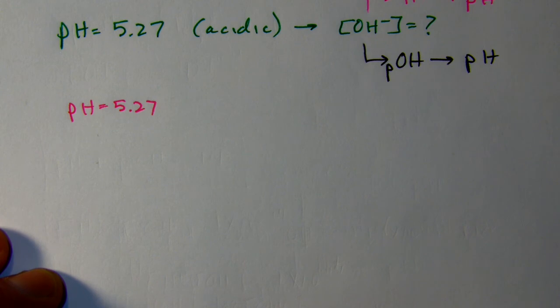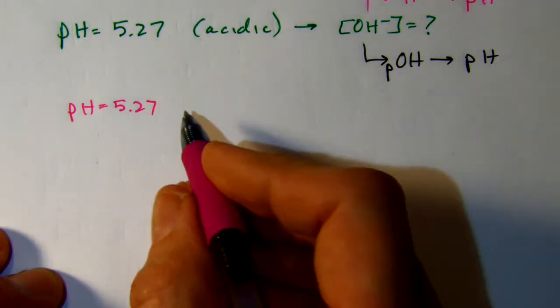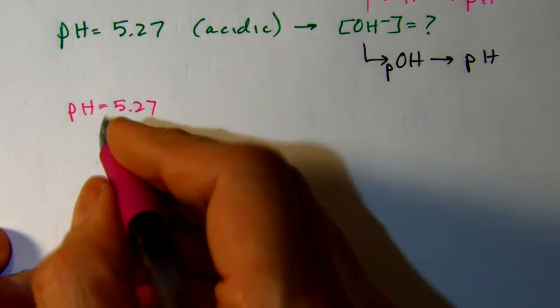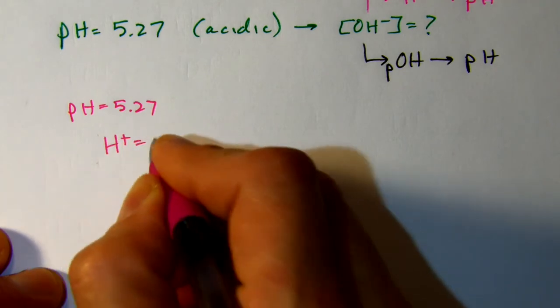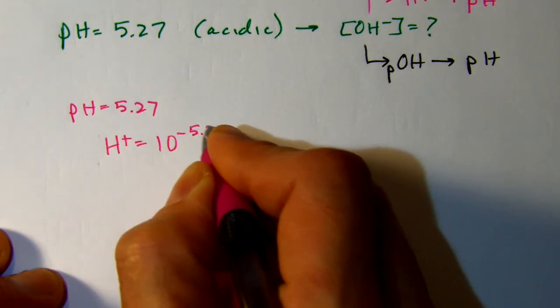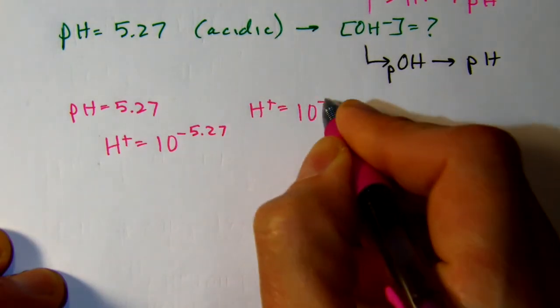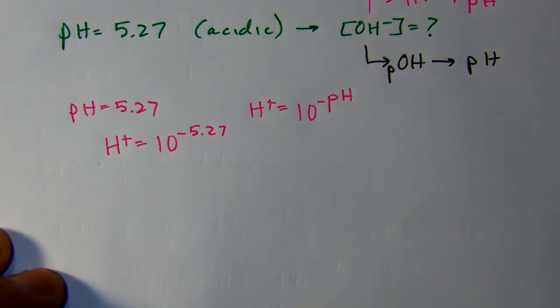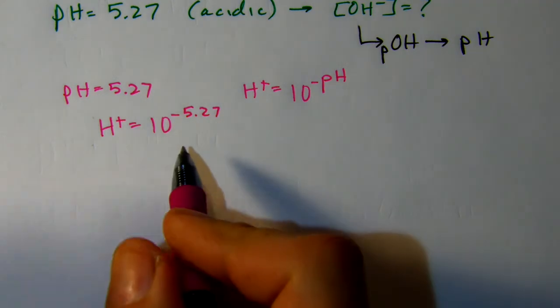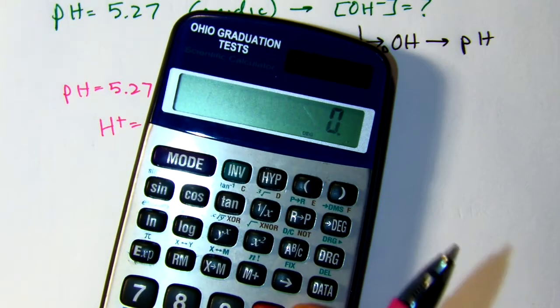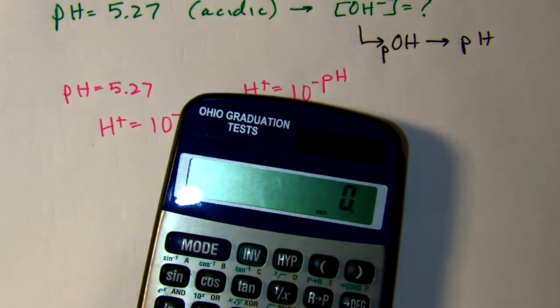Okay? What's the formula to find H plus? H plus equals 10 to the negative 5.27, right? H plus equals 10 to the negative pH. So here we go. Where's our 10? This guy right here.